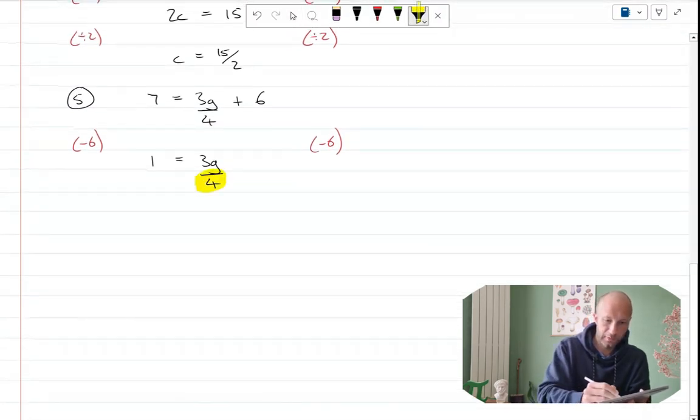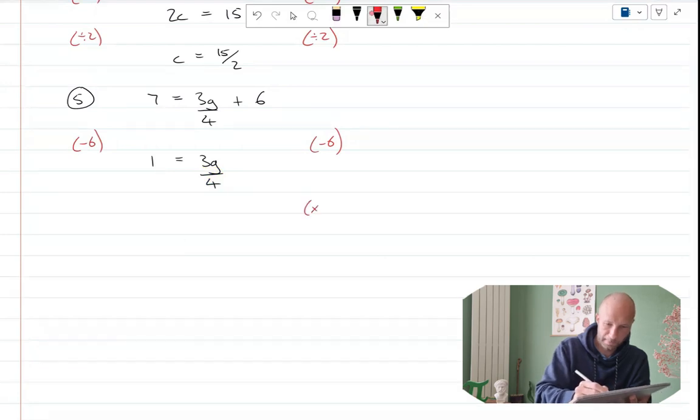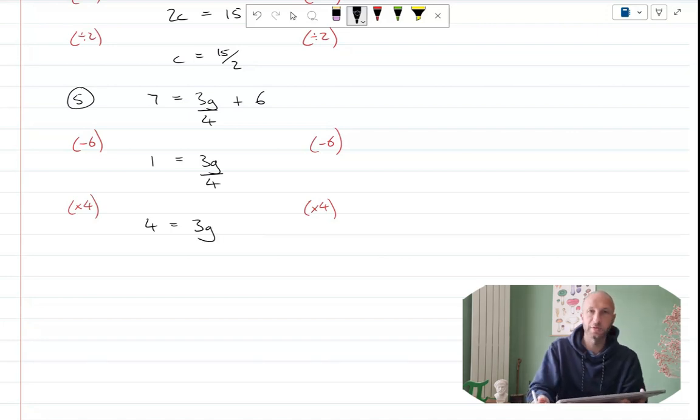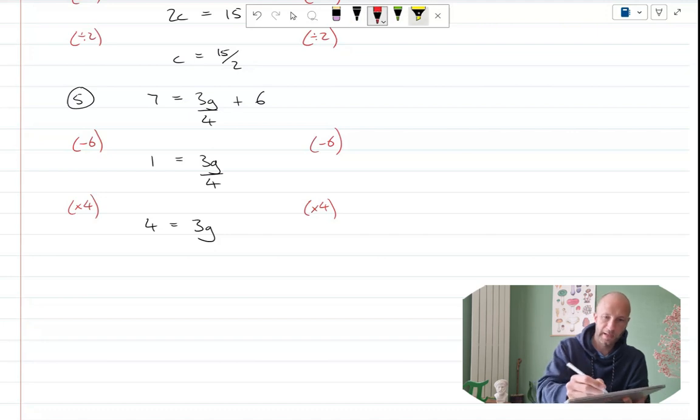Get rid of the division by 4. So I'm going to multiply both sides by 4. Cancel that division by 4. On the left, I get 1 times 4, which is just 4. On the right, multiplying by 4 just gets rid of the division by 4. So the 3g just pops out, clears the fraction. And the last step is to get rid of 3 multiplied by g.